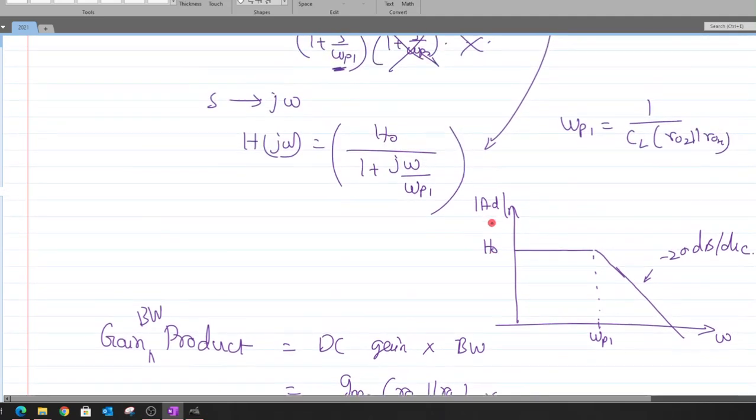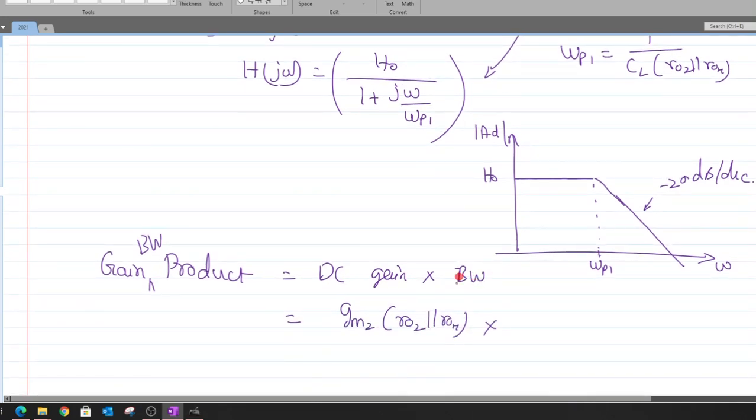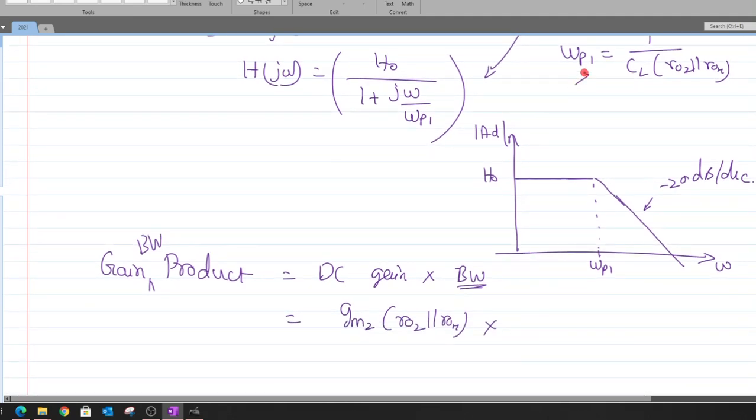Now the bandwidth is defined as this term, right? So omega p1, and generally this bandwidth is written in terms of frequency rather than radians. So we just have to convert this radian term into a frequency term, due to which I multiply 2 pi into CL into RO2 in parallel with RO4.